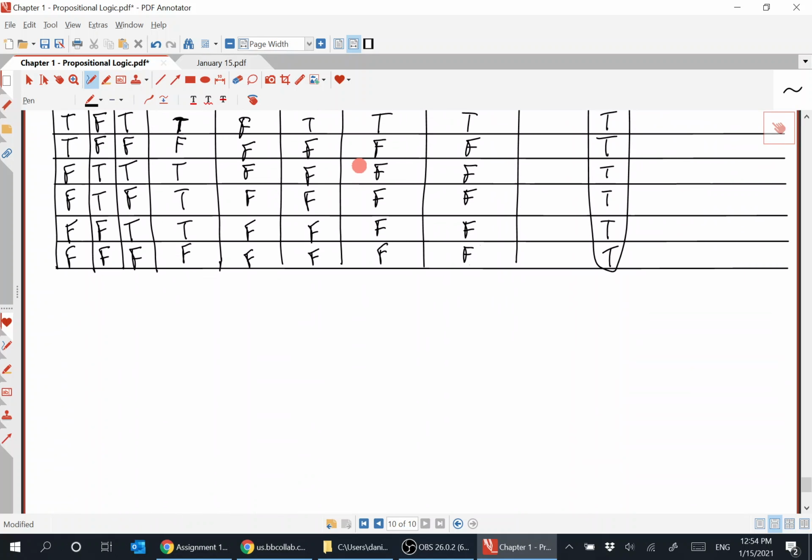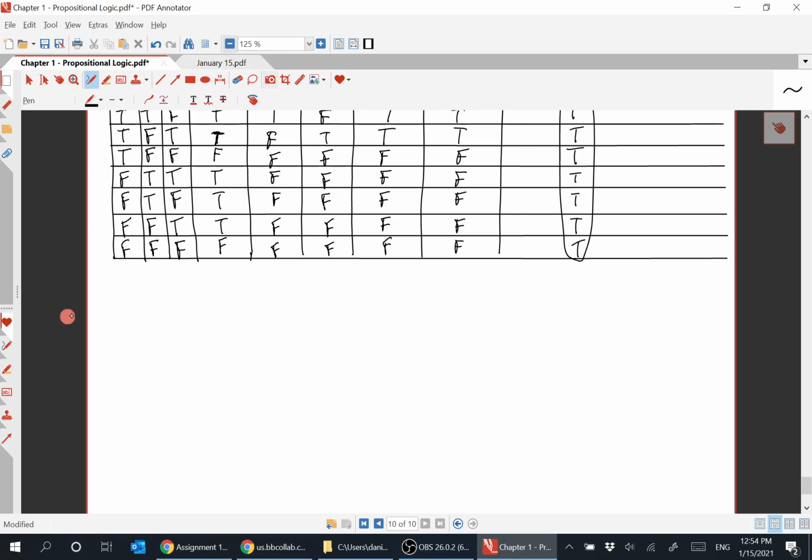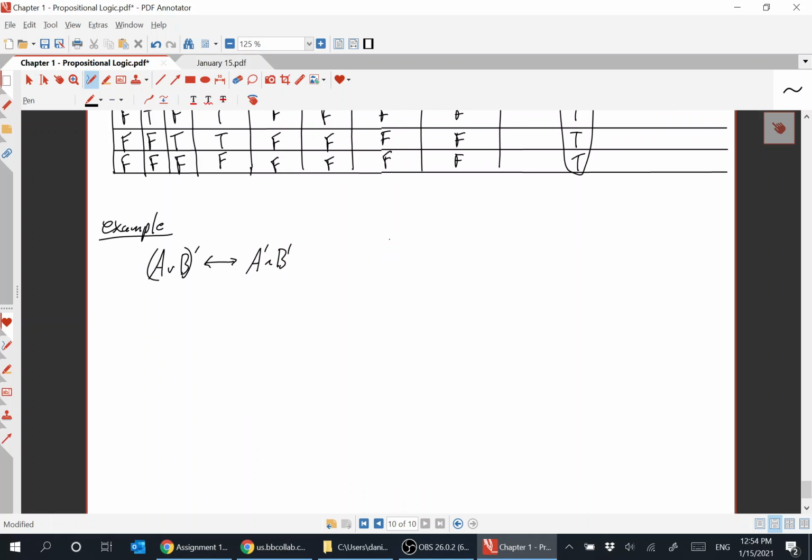Let's do one of De Morgan's laws. So here's another example. A or B not is logically equivalent to A not and B not.